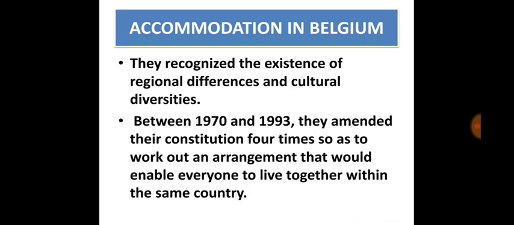So what happened? Between 1970 and 1993, they amended the constitution four times so as to work out the arrangements. They modified the constitution to accommodate the conflicting situations and resolve the problems that arose.